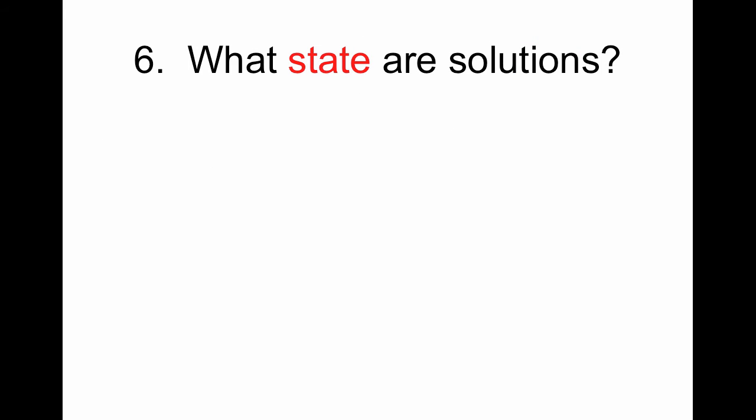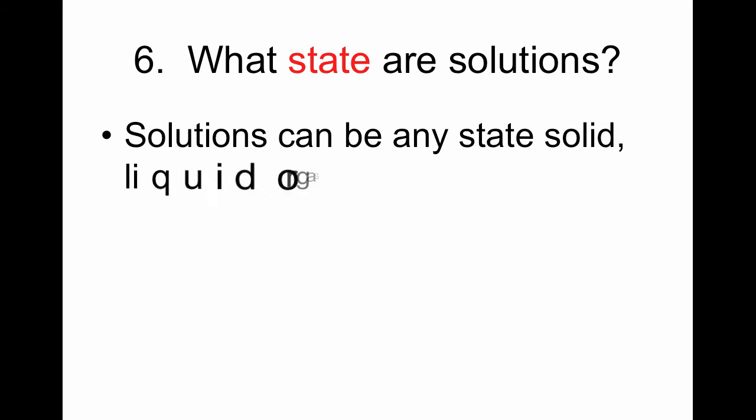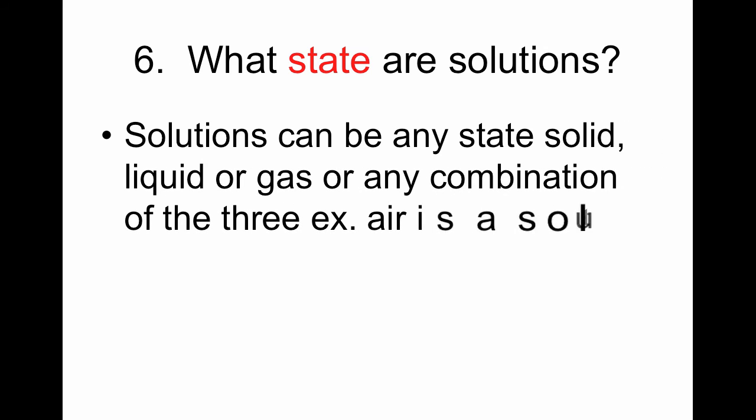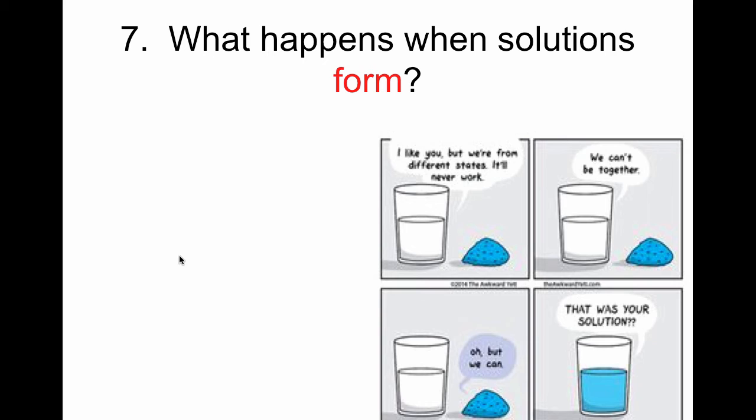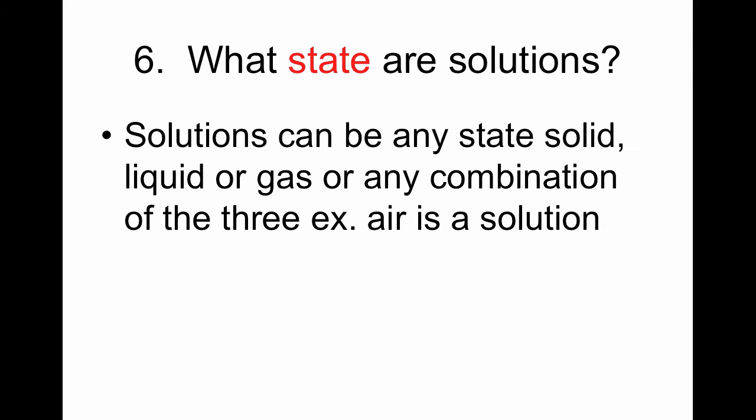Solutions are in all states. They can be liquid, gas, or solids, and they can come in any combination of the three. A great example of a solution that's a gas is air.